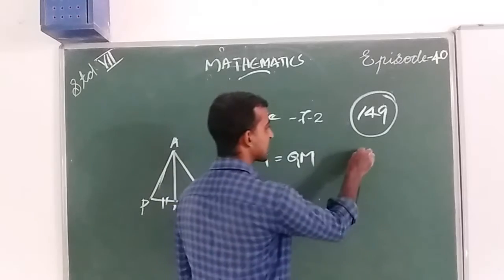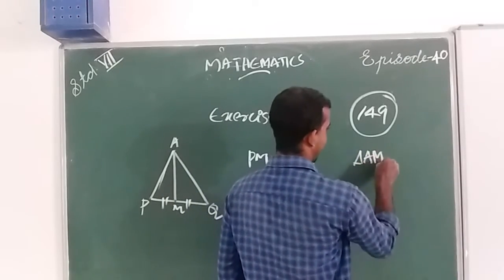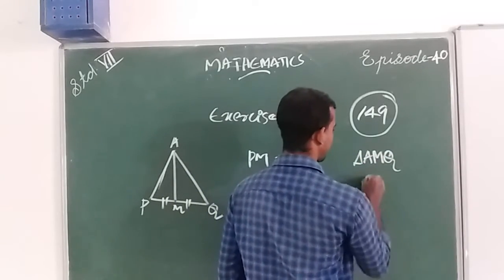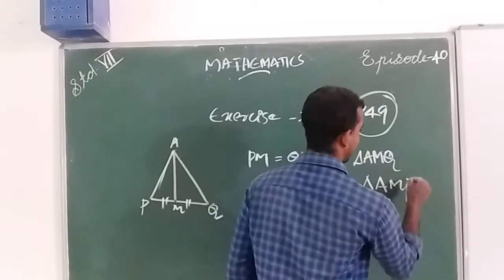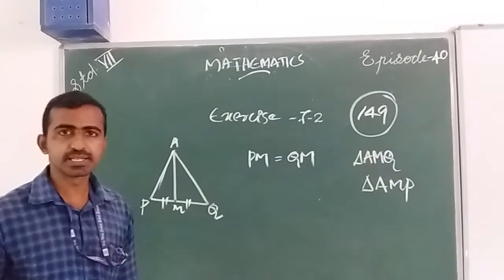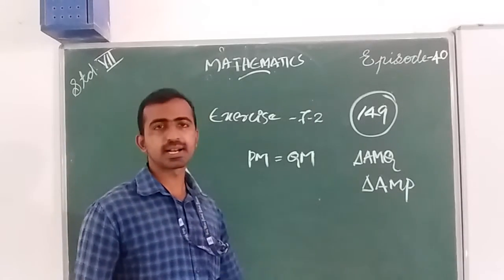That is triangle AMQ and triangle AMP. We want to show that these triangles are congruent.